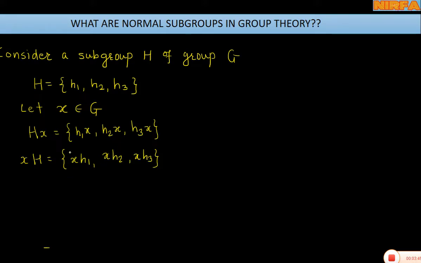Since XH1 and H1X are members of group G, and G is only a group, we don't know whether it is an abelian group or not.